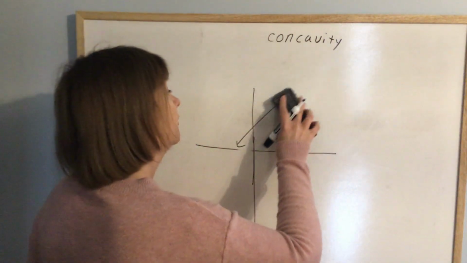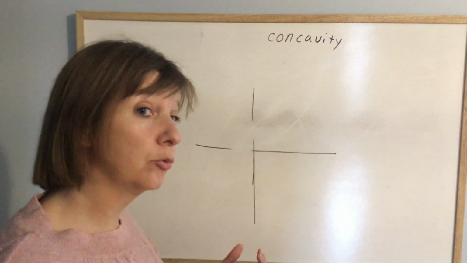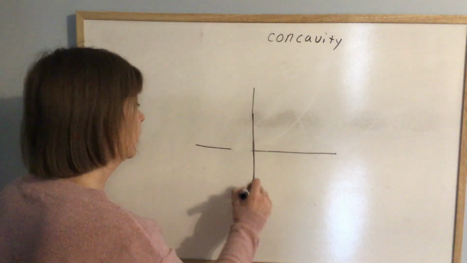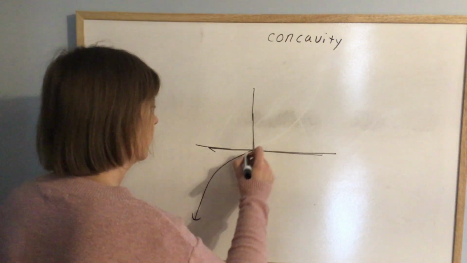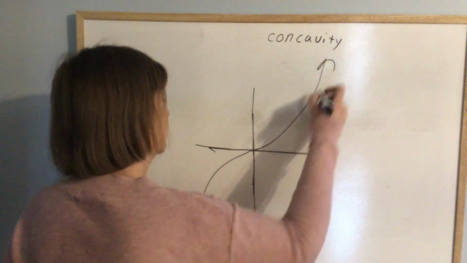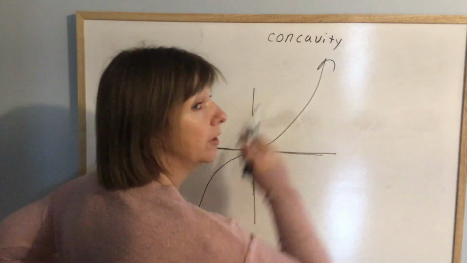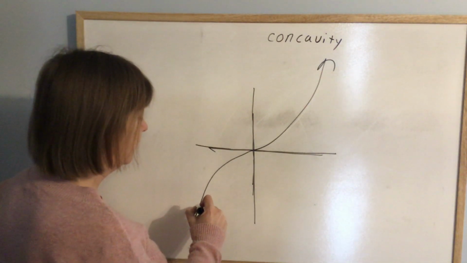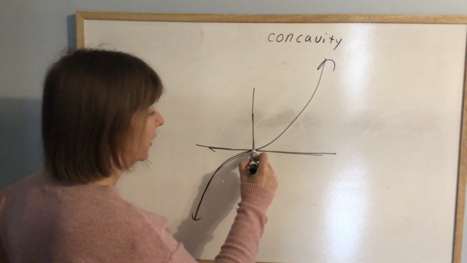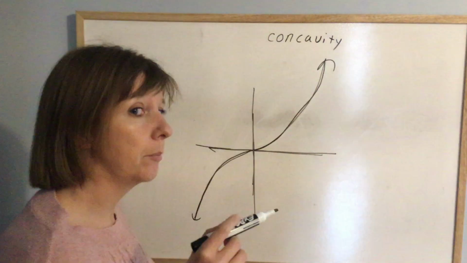A graph can even switch from one to another and never change direction. For example, this graph right here is always increasing. As I go across, it's always headed up. But for this part of the graph, it's concave down. And for this part of the graph, it's concave up.